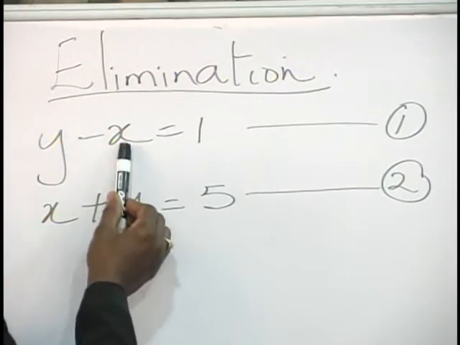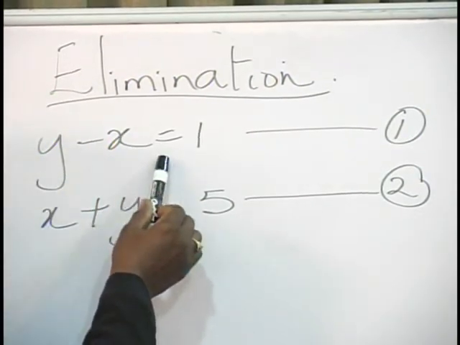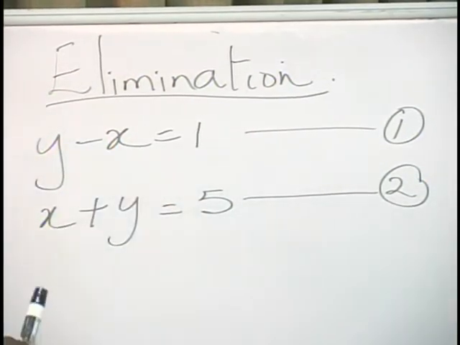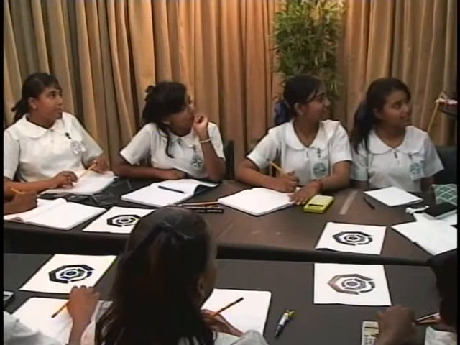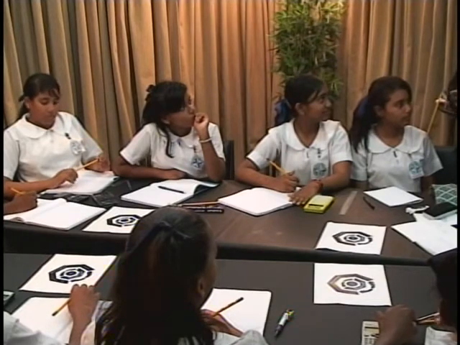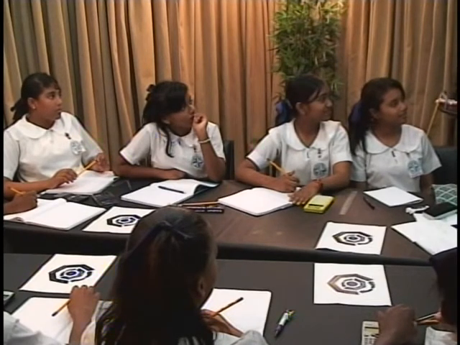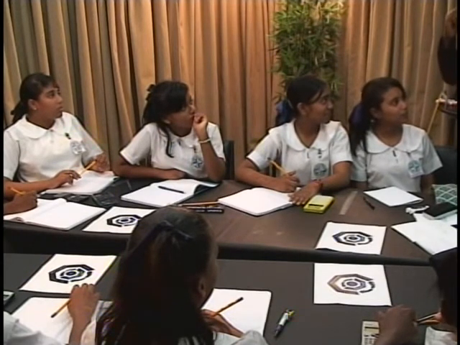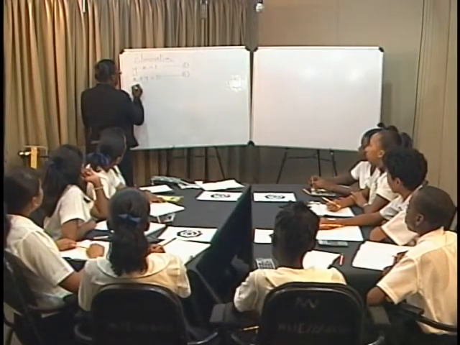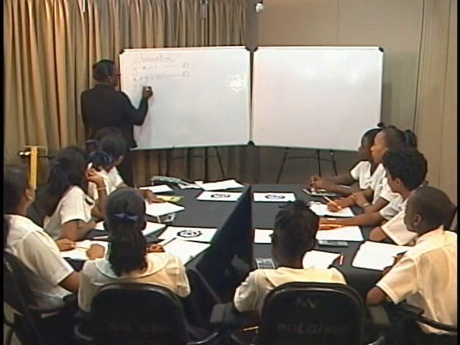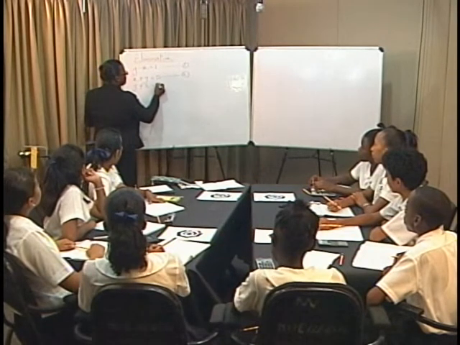So if we rewrite equation 1, it means that the x would precede the y. Okay? Then we would have a negative x being added to the y. Now we know most of us aren't that strong with integers. So let us deal with one that we know we'll conquer easily. So we'll rewrite equation 2. Good. So we have y plus x equals 5. Good.